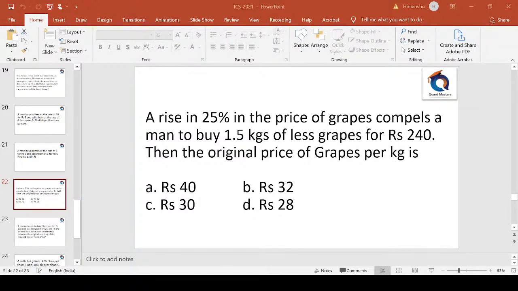Okay. Palash is asking, sir, how does Shrija always give correct answers? She is a student of Quant Masters. She is from our previous batch, and she has practiced all the concepts well. She has gone through her exams. That is why she can solve it within 30 seconds.